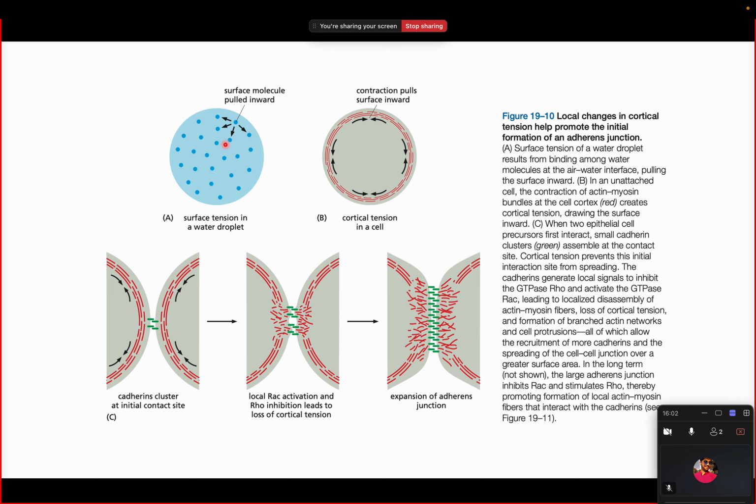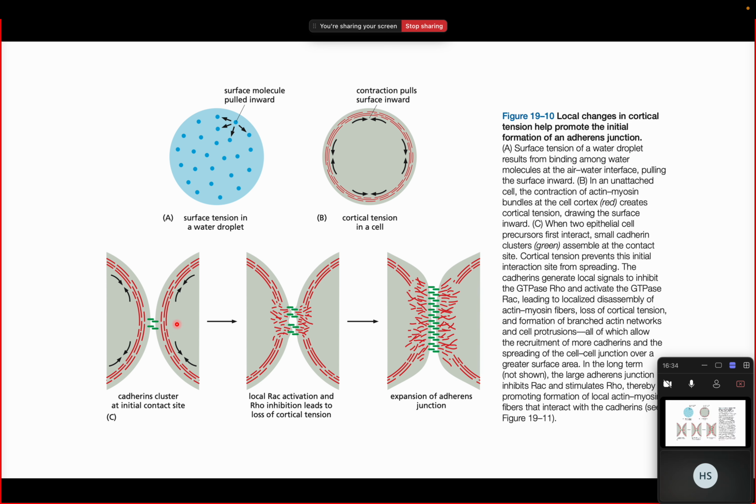So the first one is just the example which we tried to understand, how a sphere is formed, basically depending upon the surface tension generated by the water molecules. In the second, we understood how the control of the RAC and Rho GTP and GDP bound states is used to assure that the cell has its very tight conformation and is very well structured.